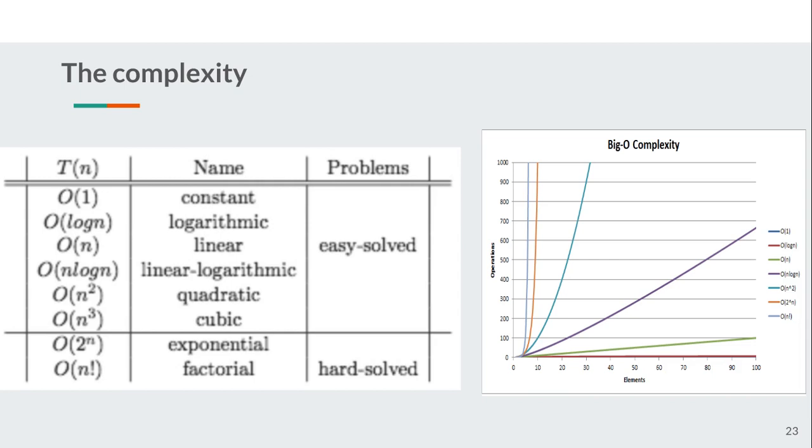Different functions with the same growth rate may be represented using the same O notation. We need the linear time, which is O(n). It is an algorithm whose time is directly proportional to the input size, while quasi-linear time is performing O(n log n) operations, and the fast solvers are algorithms that have one of these two complexities.